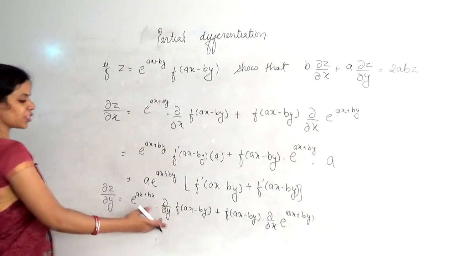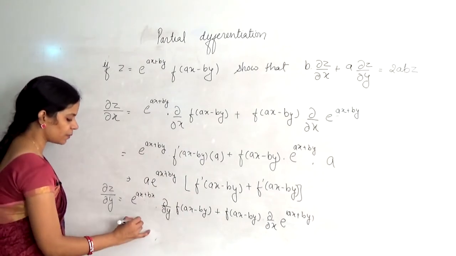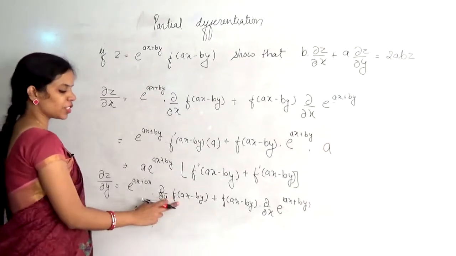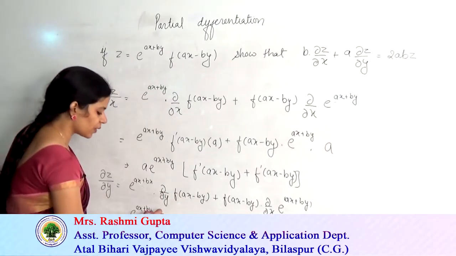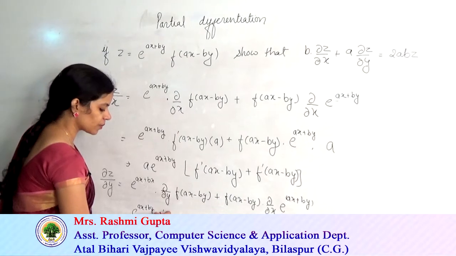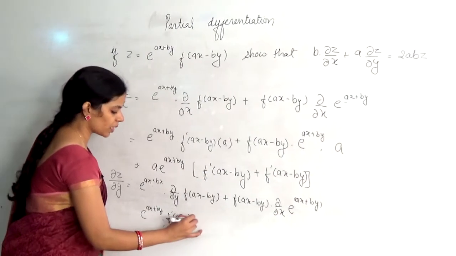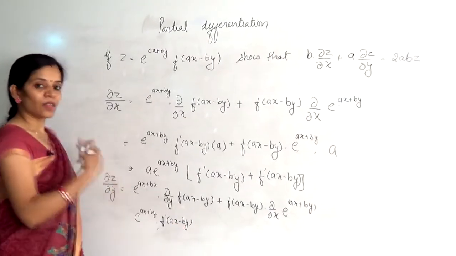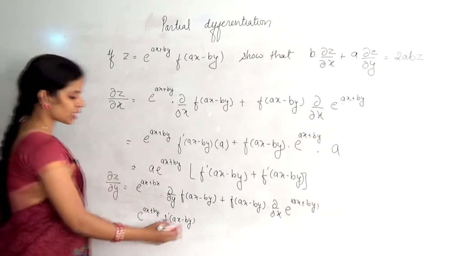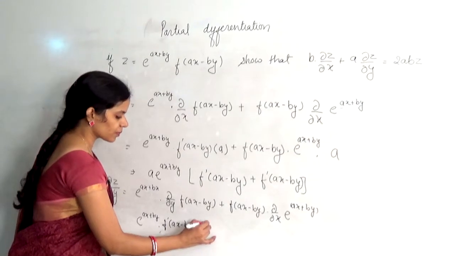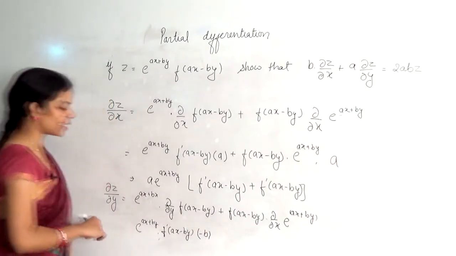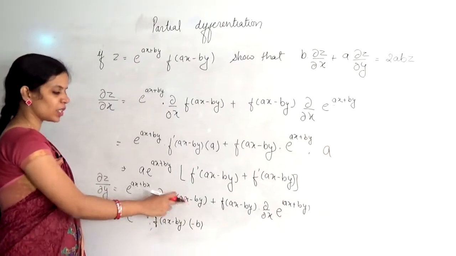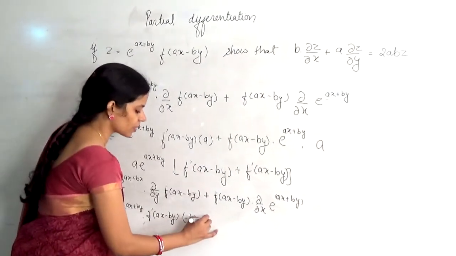Differentiating with respect to y, e to the power ax plus by into f dash (ax minus by), and if we differentiate ax minus by with respect to y keeping x constant, we will get minus b, because differentiation of ax will be 0.